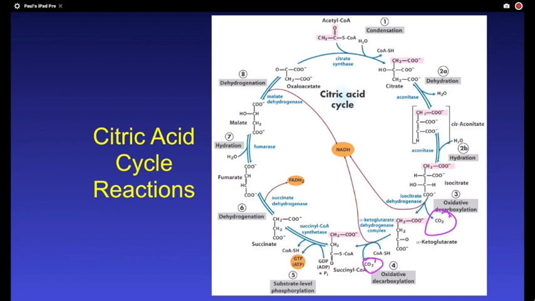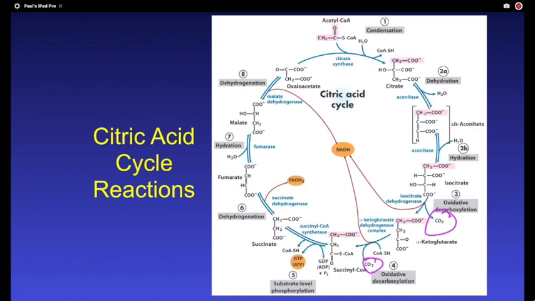I have now created energy in the form of electron carriers, lots of NADH and some FADH2, and I'm going to make specifically a GTP, which everybody and their brother says is just another ATP, because I can transfer that phosphate between the two without loss of energy.